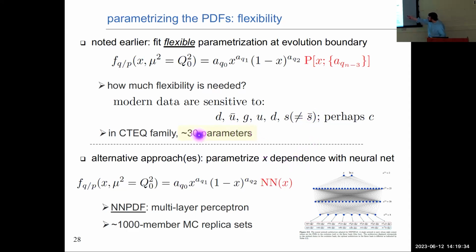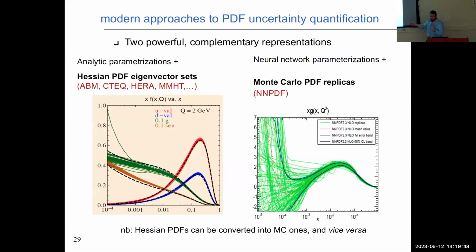What it all boils down to is maybe something on the order of 30 parameters that control the behavior of all of the various PDFs that we fit. This is an approach that depends on having an explicit parameterization of this form. There are other ways of doing it.